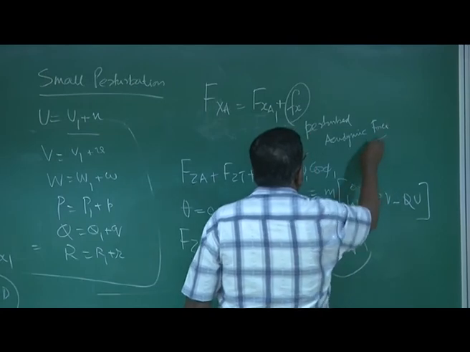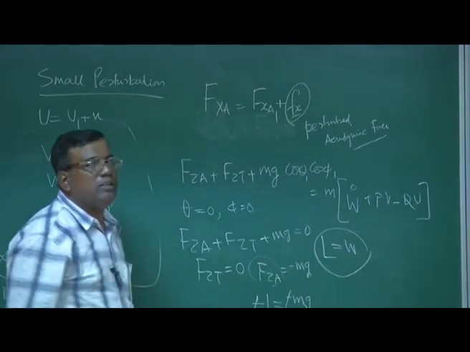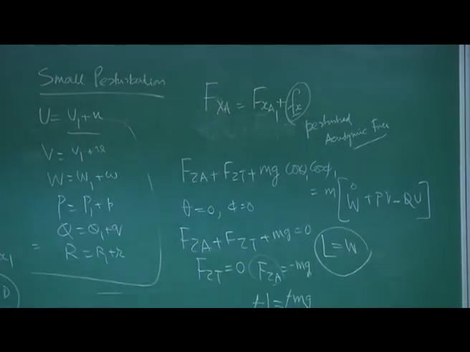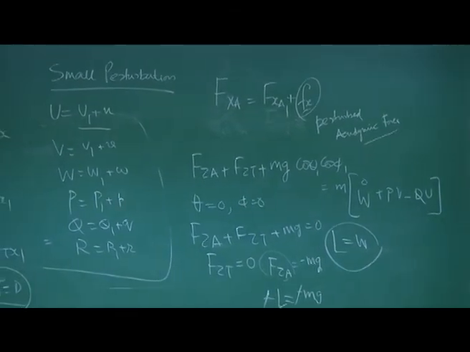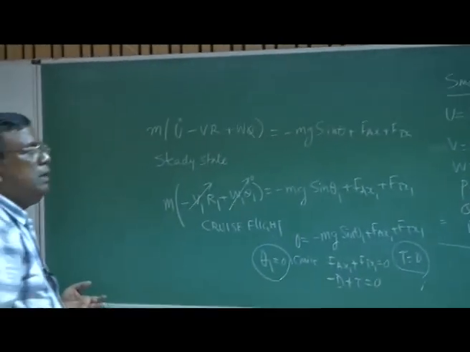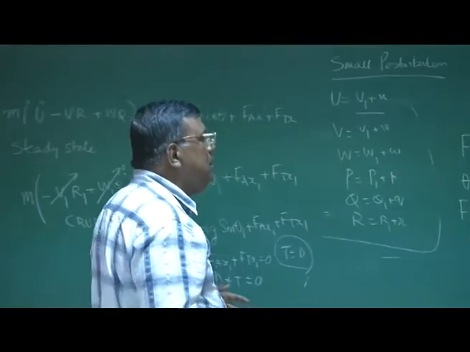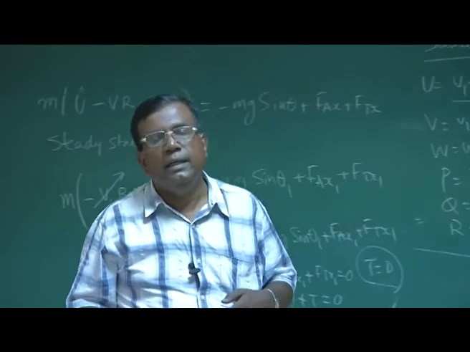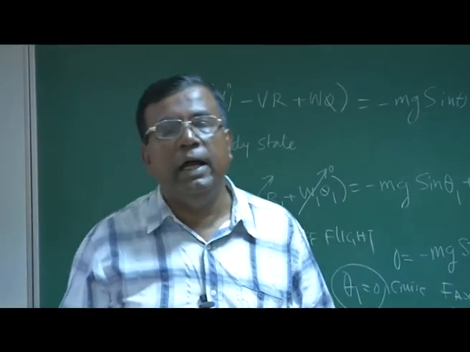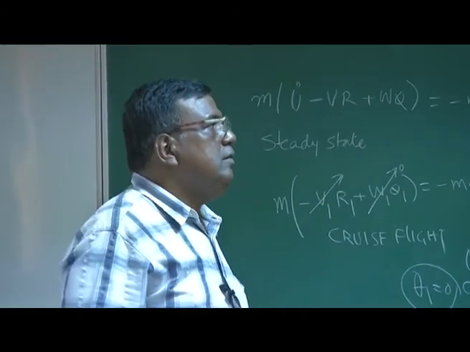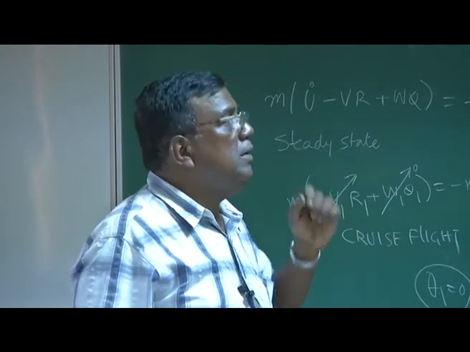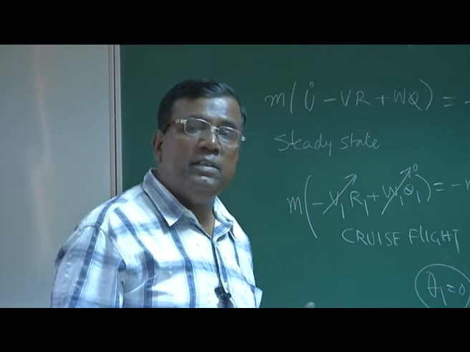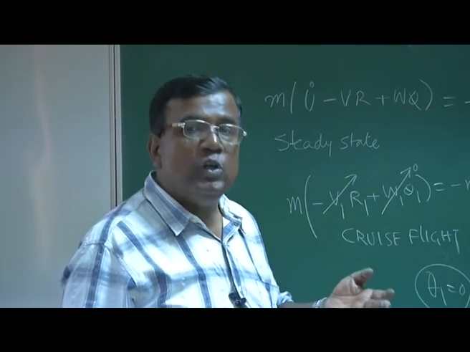Okay? And we will see that fx will be a function of alpha, perturbed pitch rate, perturbed delta E, like that. And again, you see how beautifully you are using the same concept of Taylor series and linearity to get those derivatives and completely estimate or model the functionality of perturbed aerodynamic forces in terms of perturbed motion variables.